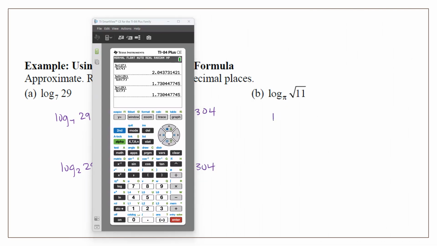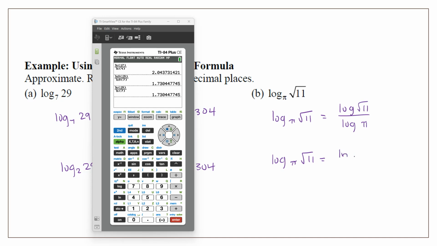We have log base pi of the square root of 11, and we'll do both the common log and the natural log. So we'll have log of the square root of 11 divided by log of pi.